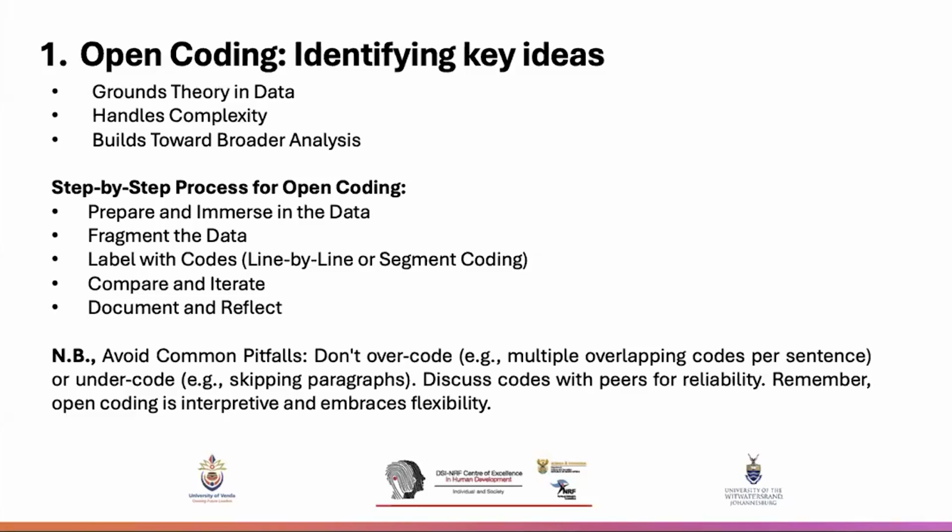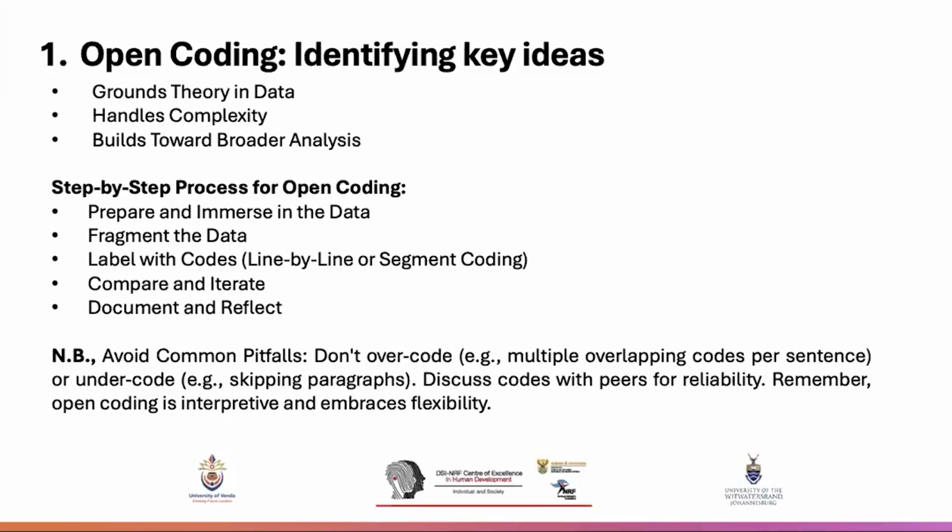From there, you follow by fragmenting the data. Fragmenting the data means breaking it into different pieces. It's like having a puzzle and taking it apart so that you can see which piece fits to the other.